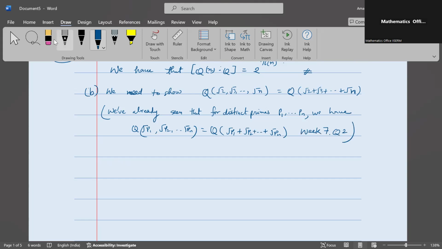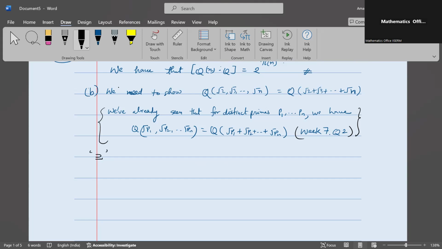I will show something similar here also. But here these are not primes, right? So we have to see what can be done. This inclusion is obvious, this part.